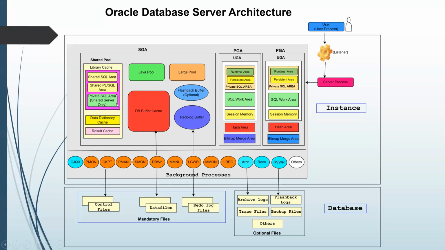That means whatever information is present inside the SGA will be available for use to all the users who are connecting to the database. That's why the name itself is SGA, Shared Global Area. Got the primary difference between SGA and PGA?